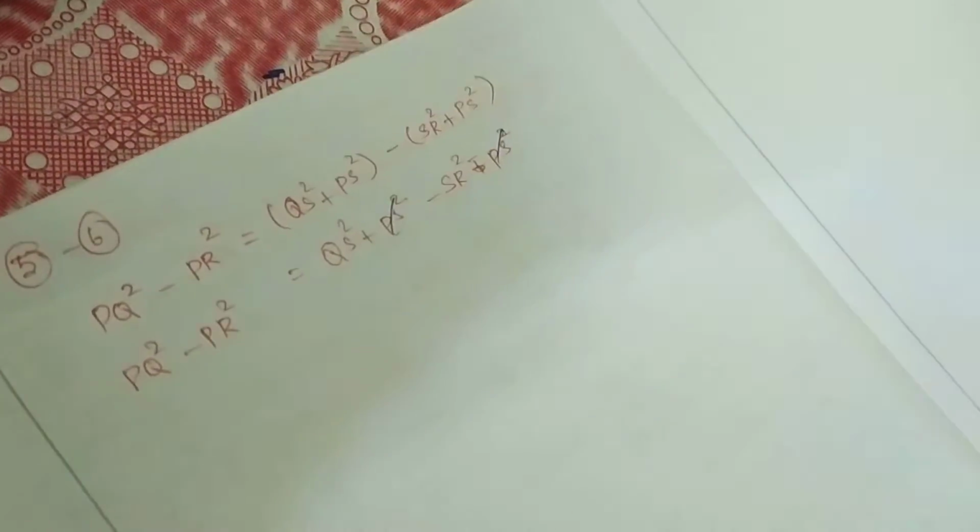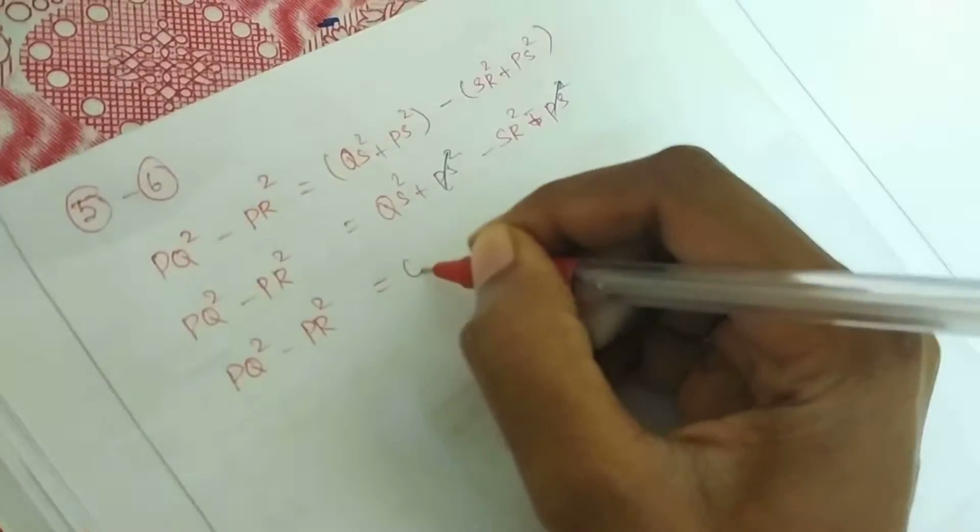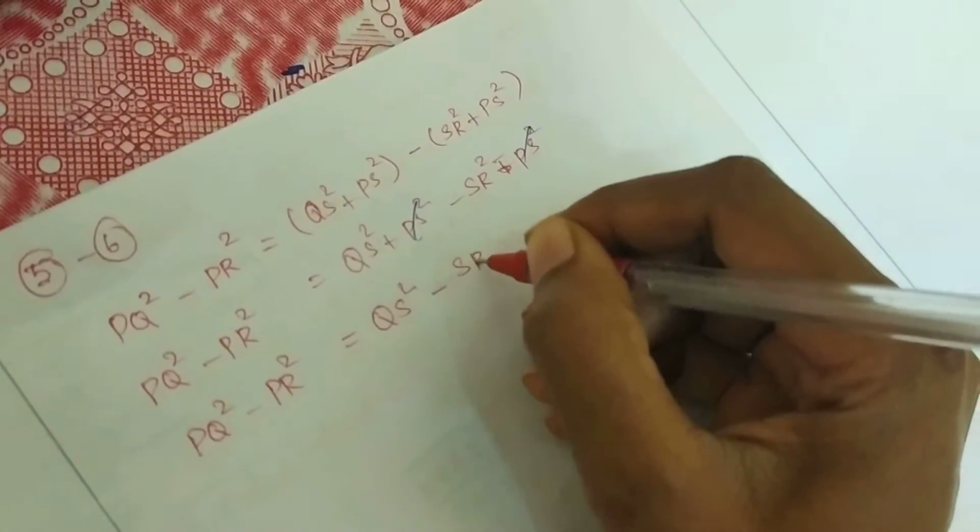So the PS square terms cancel, and PQ square minus PR square equals QS square minus SR square.